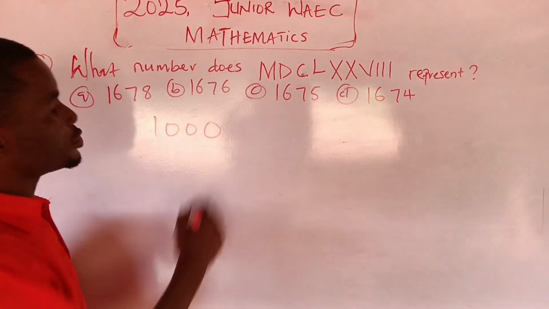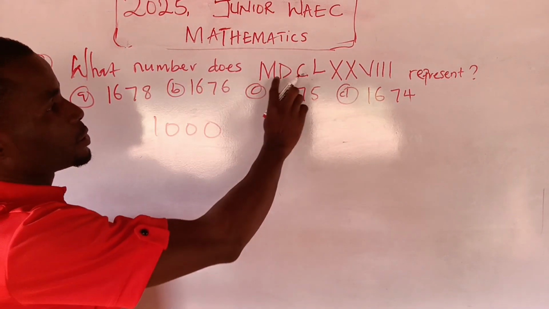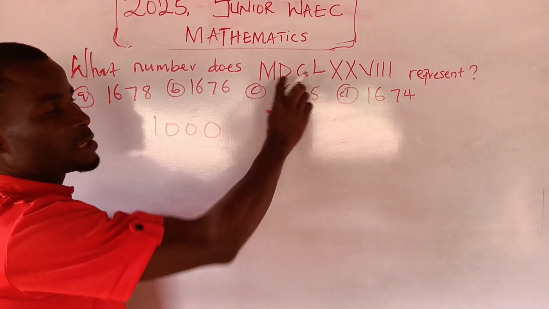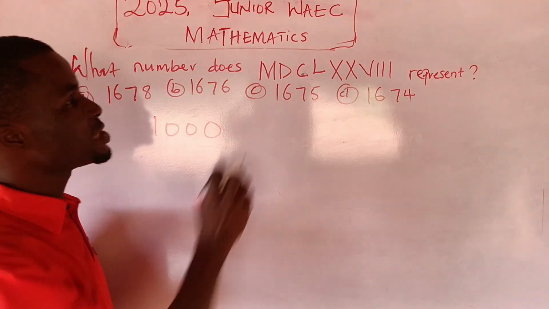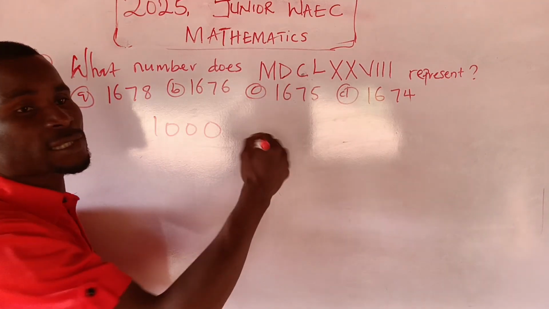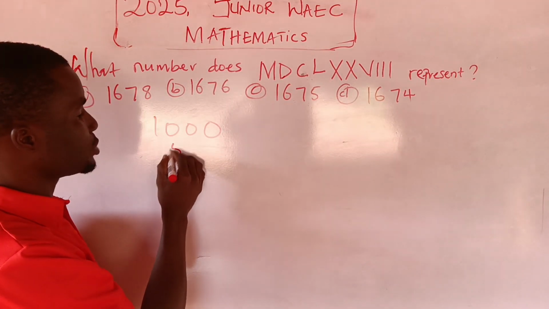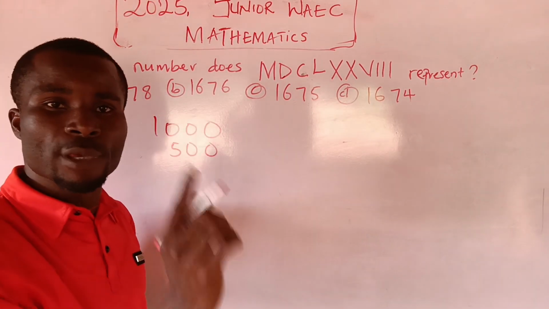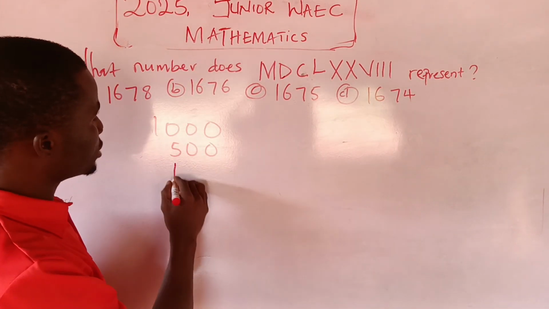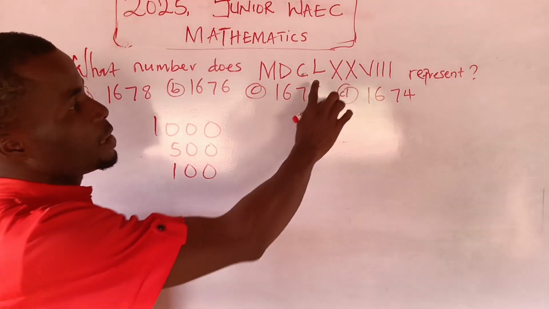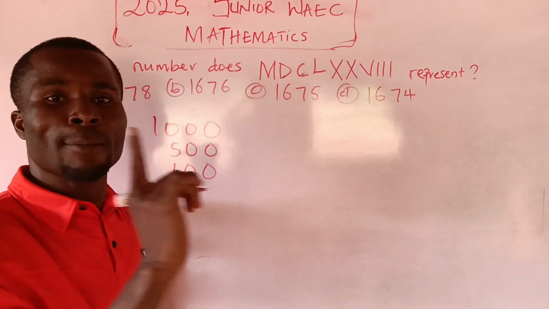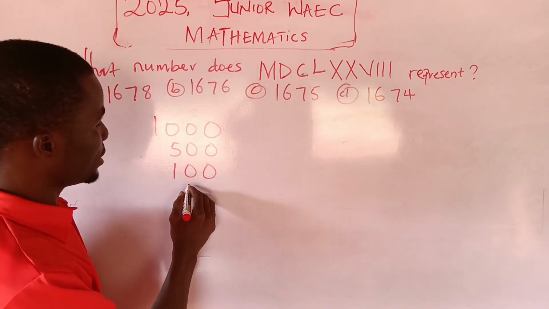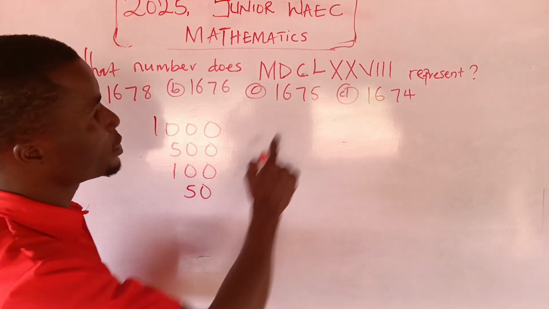Our D is 500. D means 500. Let's put down 500. Our C means 100. Let's put down 100. L means 50. Let's put down 50.